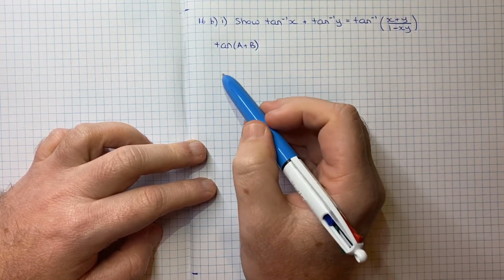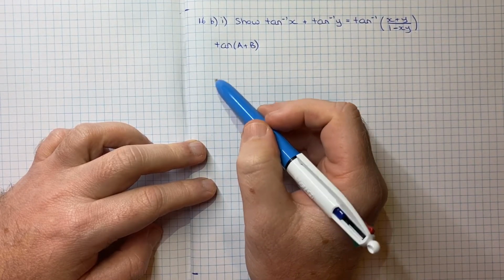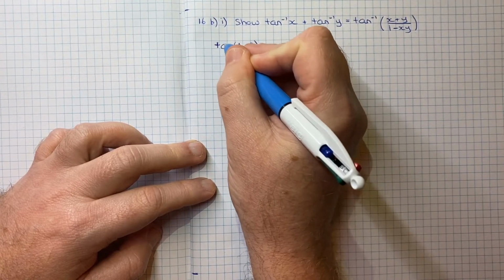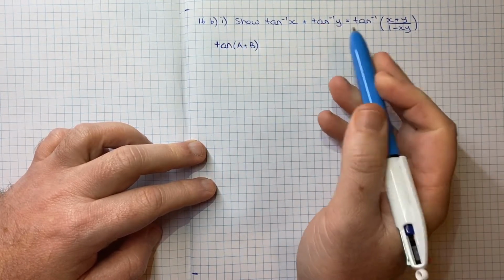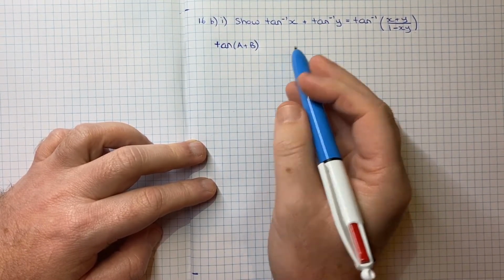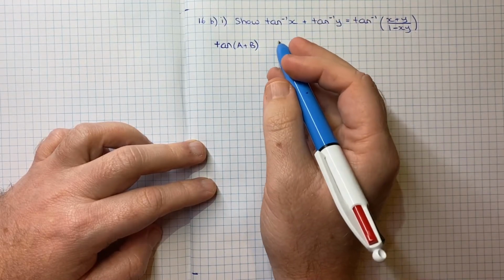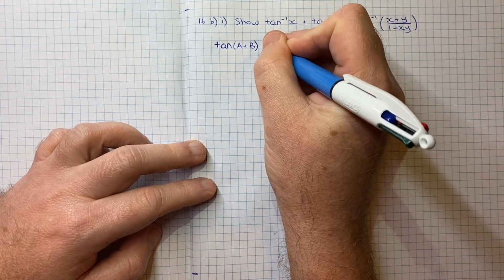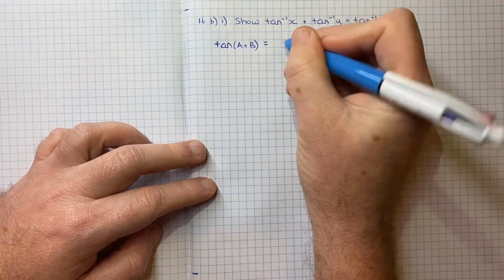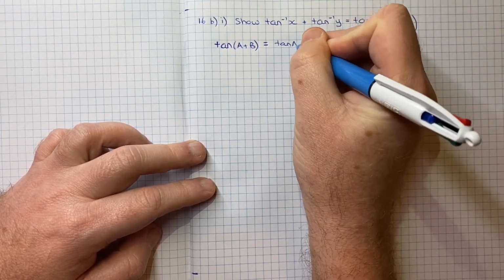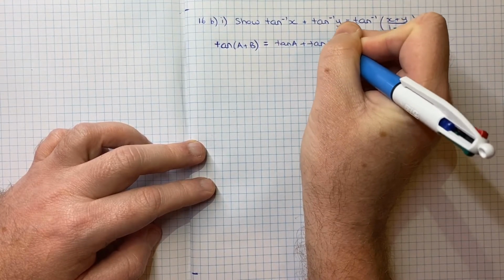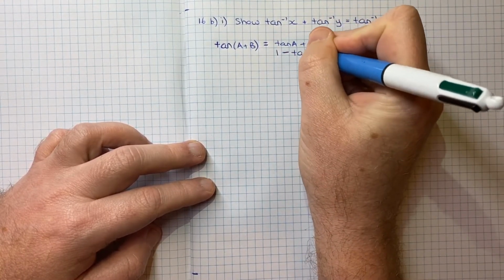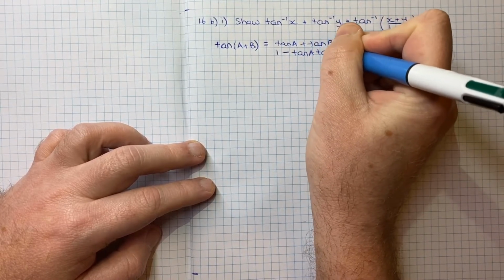So you've got sine A plus B, cos A plus B, and then you can put them together to derive tan A plus B. But after deriving it, you'd probably just commit it to memory. I guess all 4 unit students would be expected to be able to make use of this result that tan A plus B is equal to tan A plus tan B over 1 minus tan A times tan B.